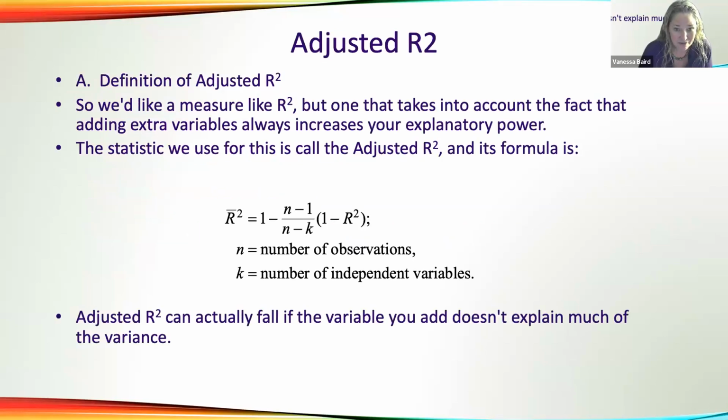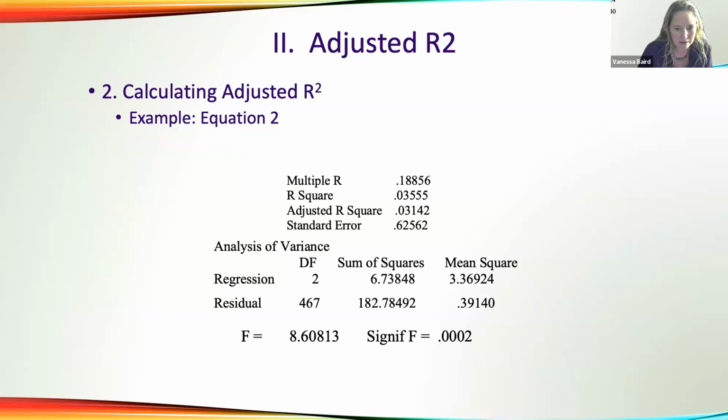So what you do with an adjusted R-square is you adjust for the number of independent variables you've got in your model, and you ask: is this increase in R-square worth it from a parsimony perspective? Here's the calculation.